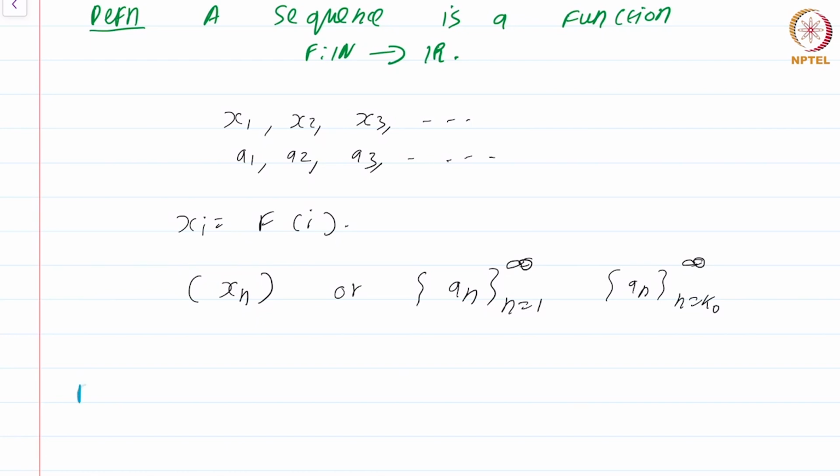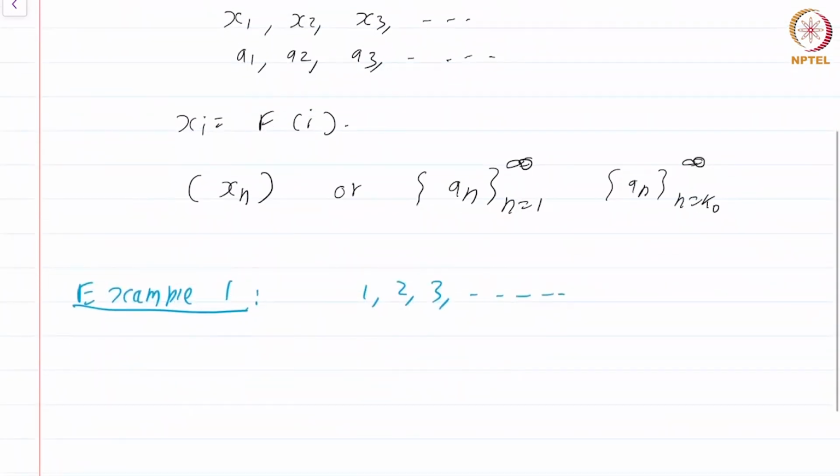Example 1. Consider the sequence 1, 2, 3, ... If you want to be ultra precise, this is the sequence defined by f of n equal to n, or n running from 1 to infinity, but I'm not going to belabor this anymore.